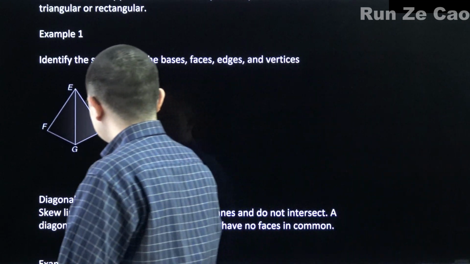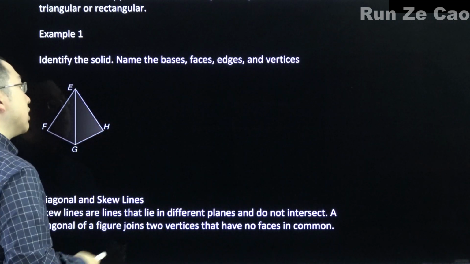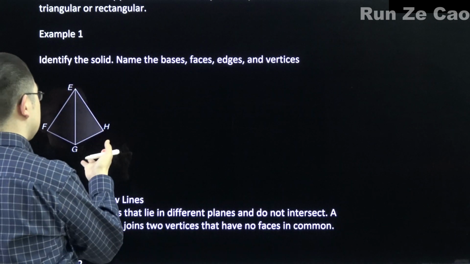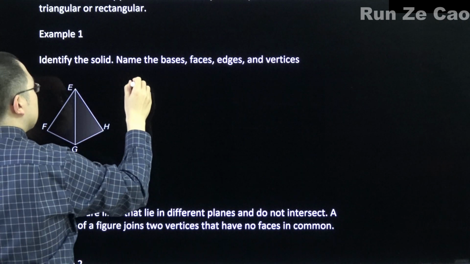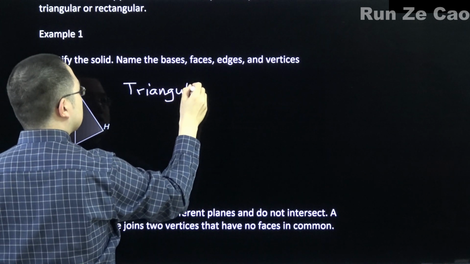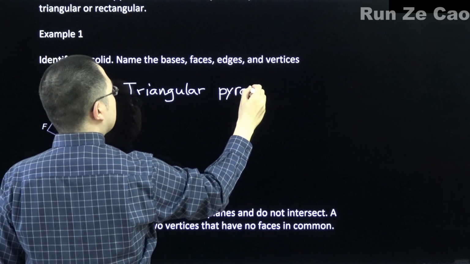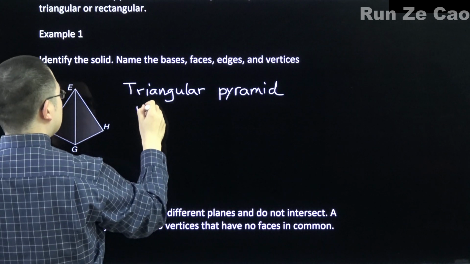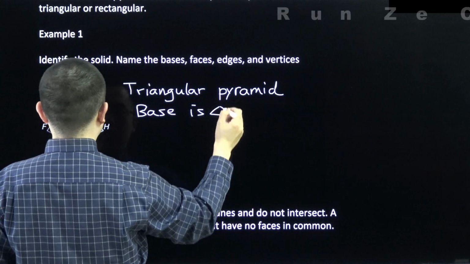This shape, it's some manner of pyramid. Do we know how many edges might be hidden back there? No. So we assume that what we see is what it's supposed to be. This is going to be a triangular or triangle-based pyramid. The base is a triangle.